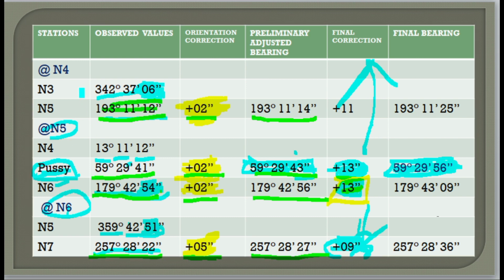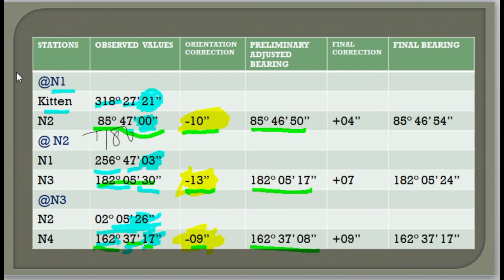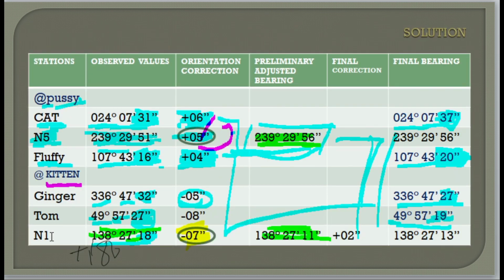We count the number of stations found here. So from N5 moving upwards, we have 1, 2, 3, 4, 5, and the last, 6 stations there. So we have 6 stations.